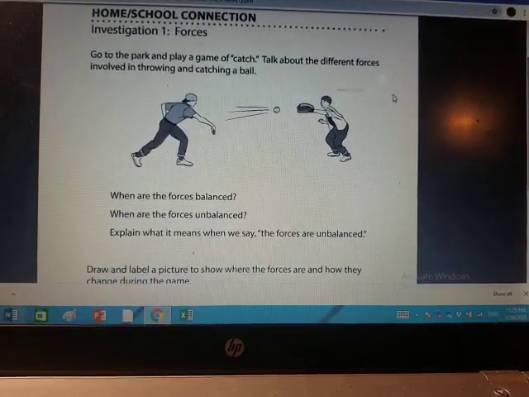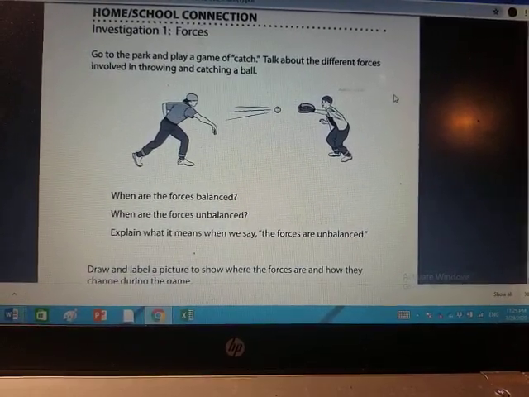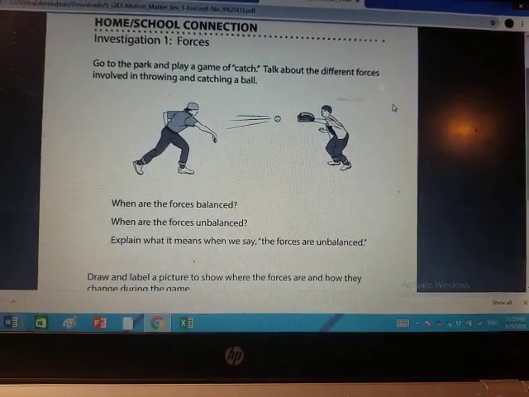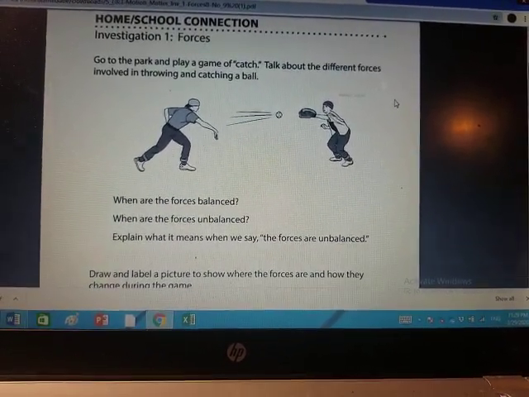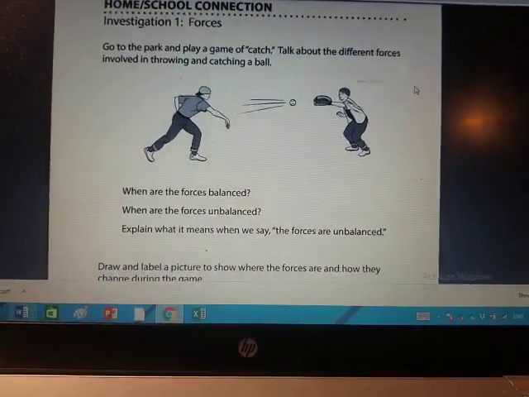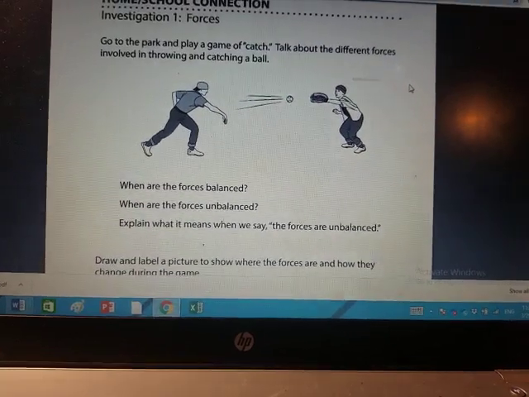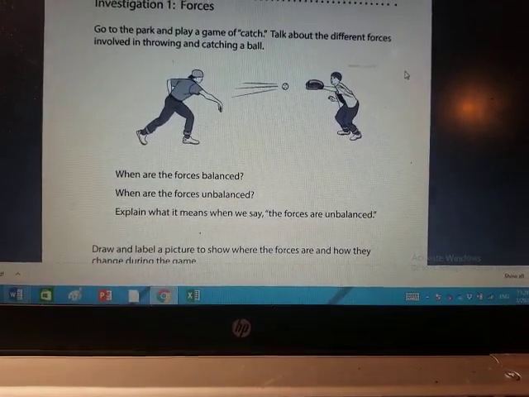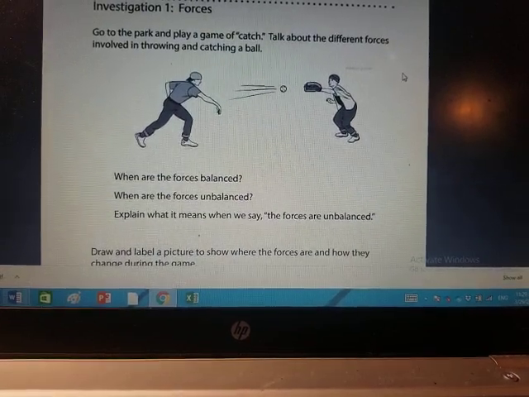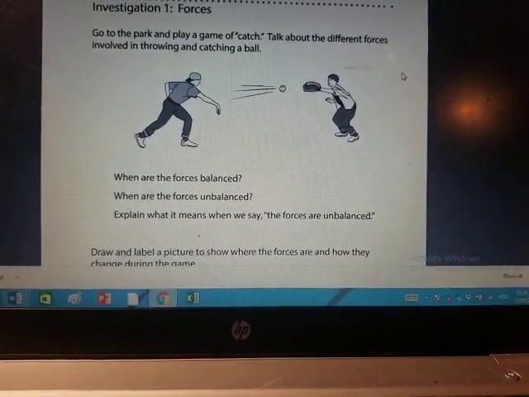So, boys and girls, if I were you, I would think about the cart that we had in my room. Do you remember when 2 people were pushing on the cart at the same time, and it wasn't moving? And then we talked about it wasn't moving, so it was a balanced force. Whenever it's not moving, it's balanced, it's stable, it's not going anywhere.